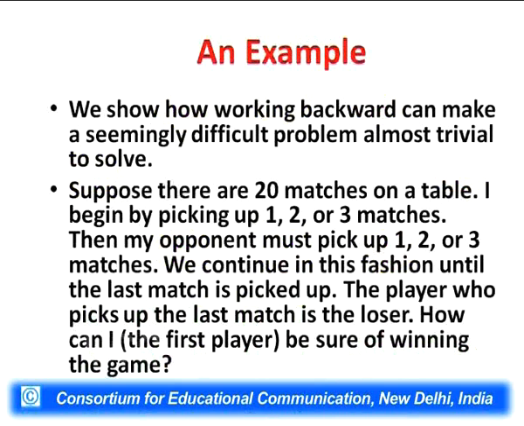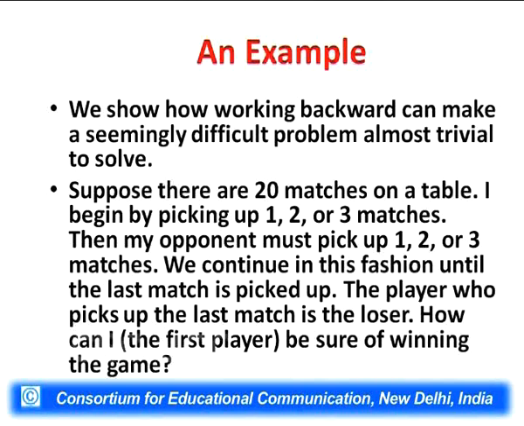One more example, a simple example I am going to give you. We show how working backward can make a seemingly difficult problem almost trivial to solve. Suppose there are 20 matches on a table. I begin by picking 1, 2 or 3 matches. Then my opponent must pick up 1, 2 or 3 matches.